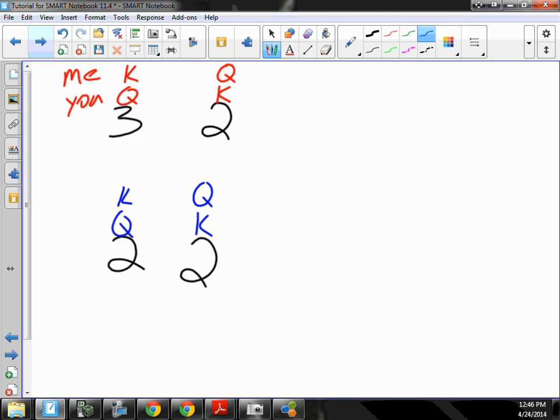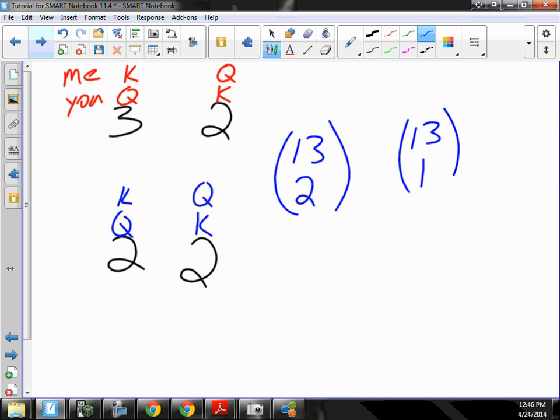So we could either calculate this using 13 choose 2. There are 13 numbers, and we both have 2 of them. Or we could calculate 13 choose 1, and times that by, hang on.